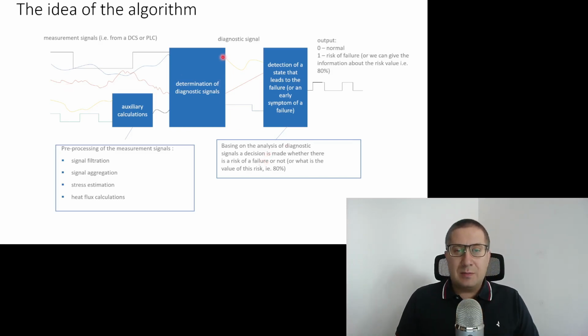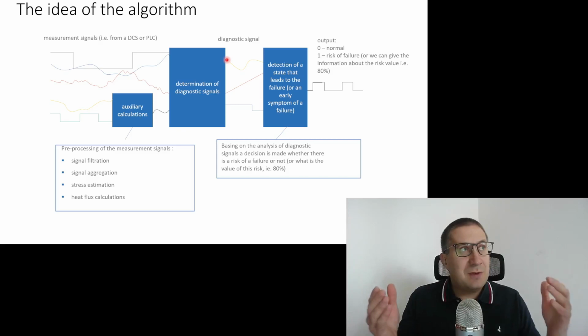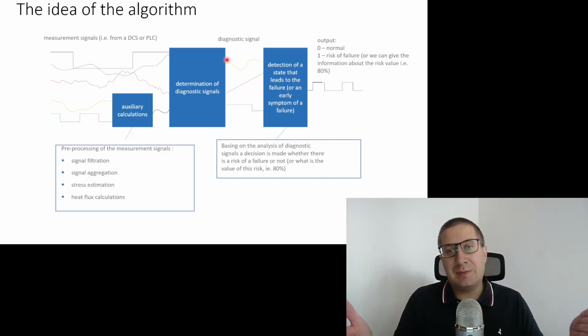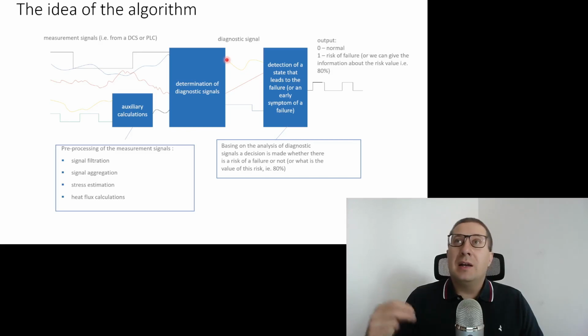So what kind of diagnostic signals can we have? Well, we can see that the temperature is too high, or the difference between reality and our digital twin is too high, etc. The set of those diagnostic signals can be used to estimate the risk of a failure.